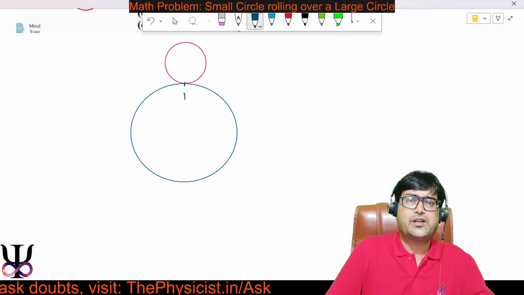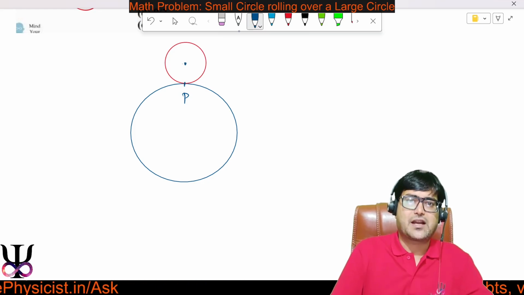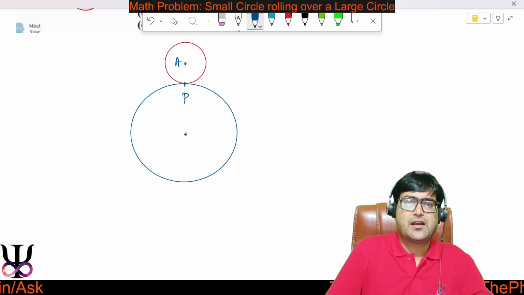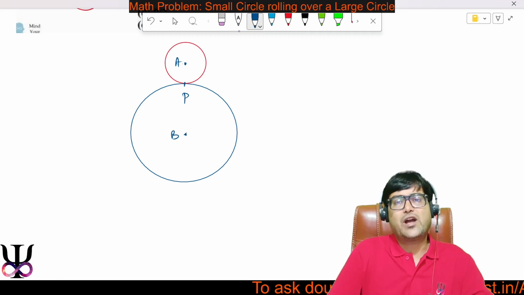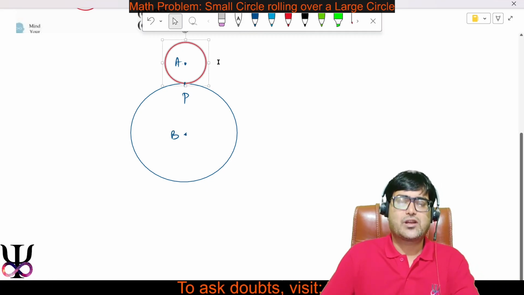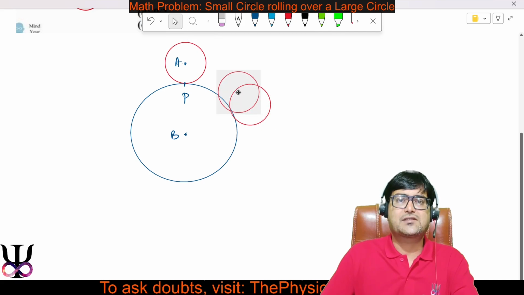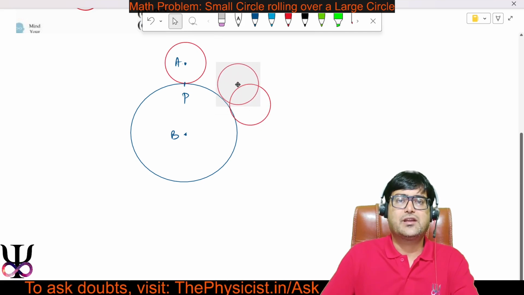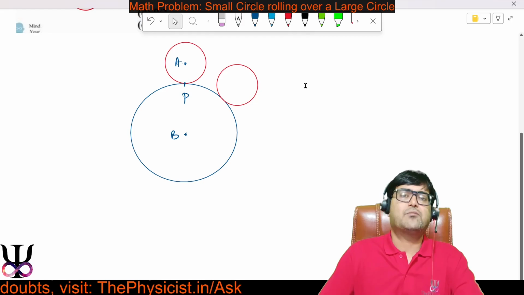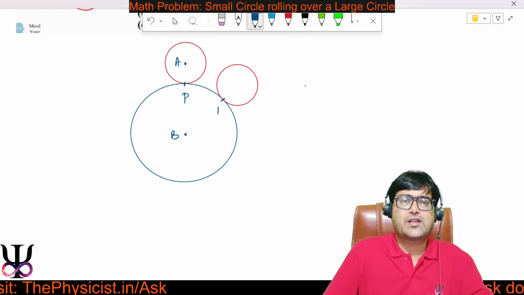Let's suppose this point is P, the point of contact right now, at the start. This is A and this is B. Now, let's suppose in one complete rotation, circle A has come here. If it's one complete rotation, then this point will be once again P.